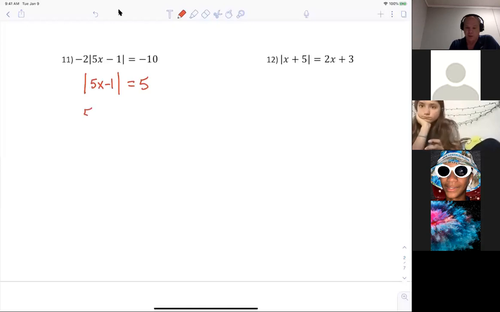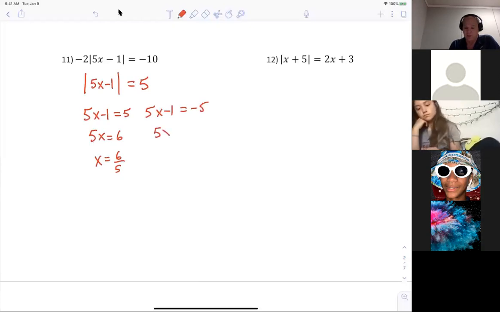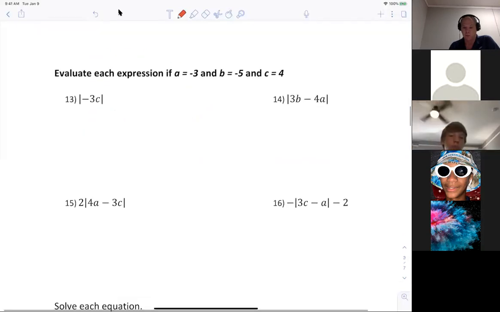And then I rewrite it: 5x minus 1 equals 5, and 5x minus 1 equals negative 5. 5x equals 6, x equals 6 over 5. 5x equals negative 4, x equals negative 4/5. Everybody okay with that? All right, let's see what 13.